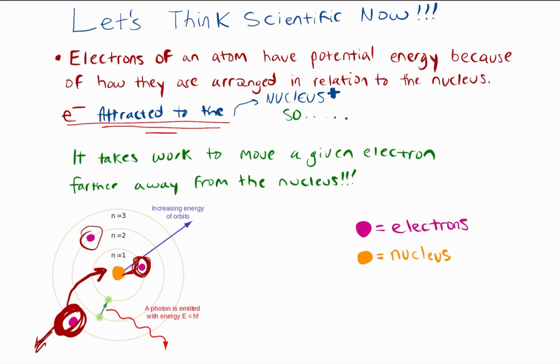And if we go even deeper, this is why science is so interesting. So if that electron has more potential energy, we know that high energy electrons are more likely to go through reactions.